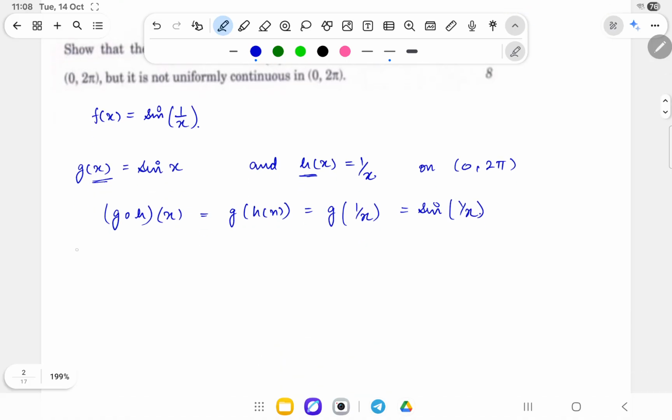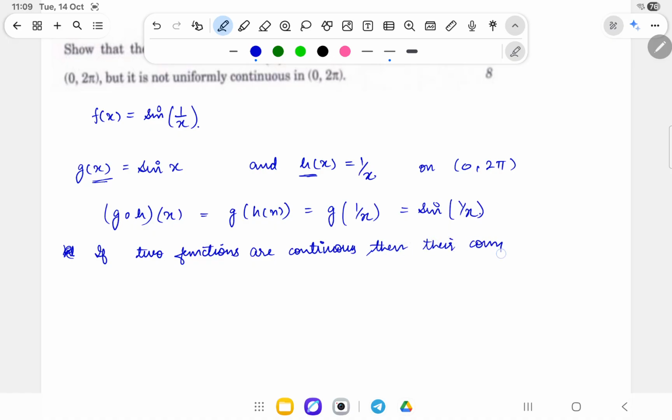Now we know that if two functions are continuous, then their composition function is also continuous. Now sin x, being a trigonometric function on (0, 2 pi), is a continuous function.